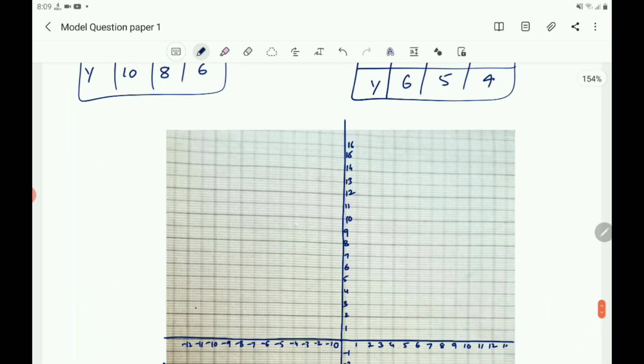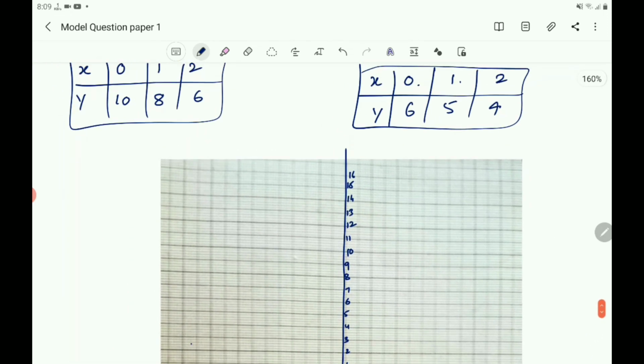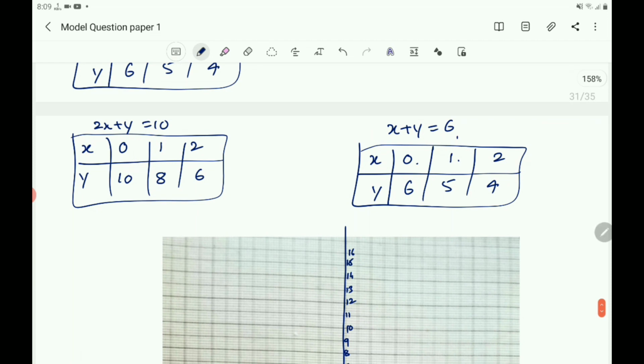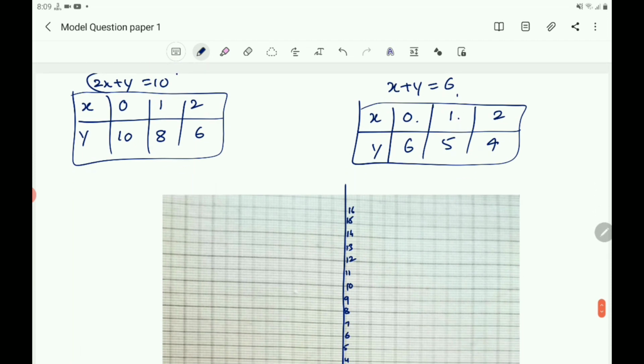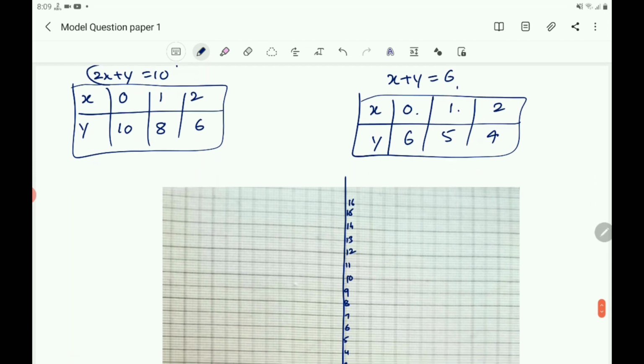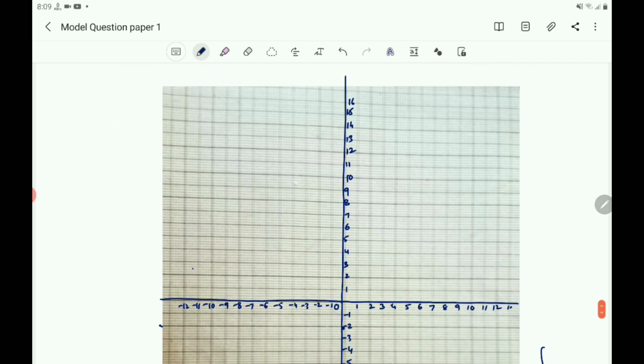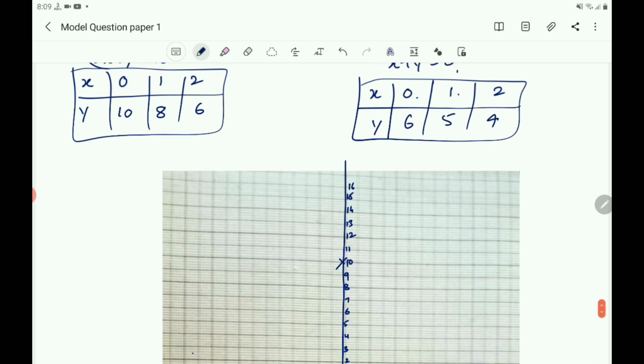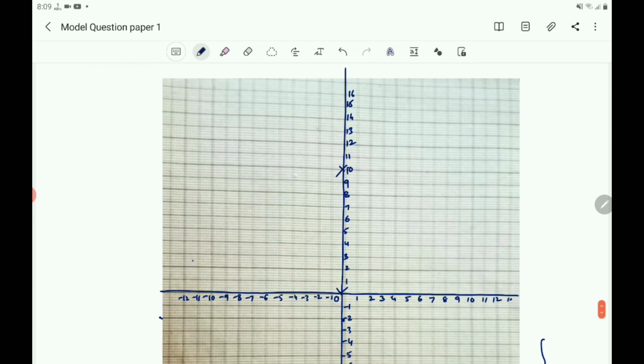Now let us locate the points. First one, for the graph 2x plus y equals 10: 0, 10. So 0 is here, 10 means you mark here. This is 0, 10. Then 1, 8: 1 is here and you mark 8.